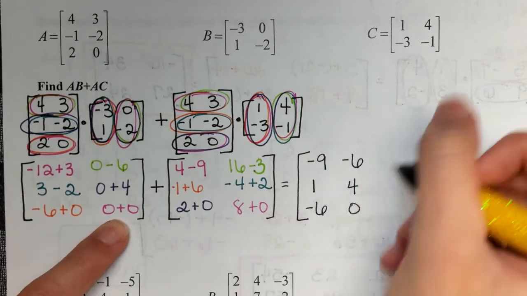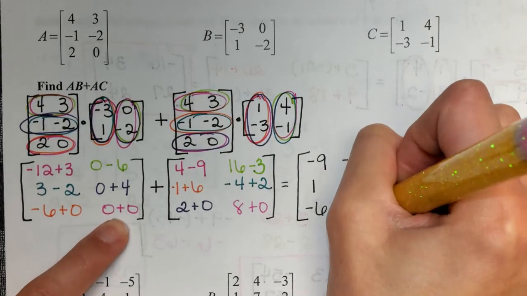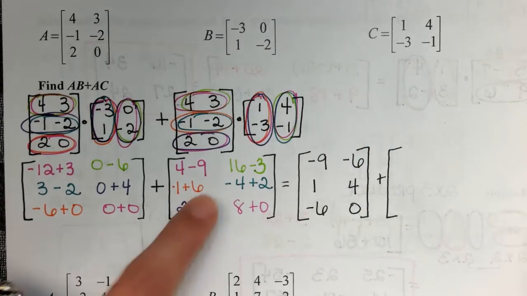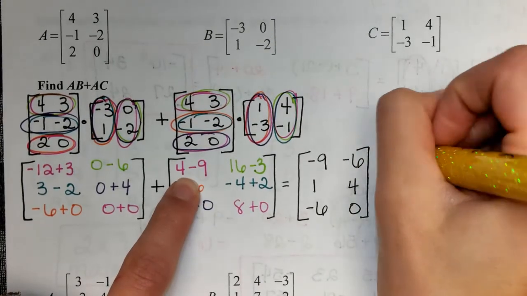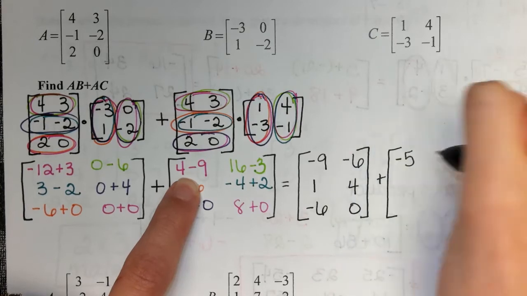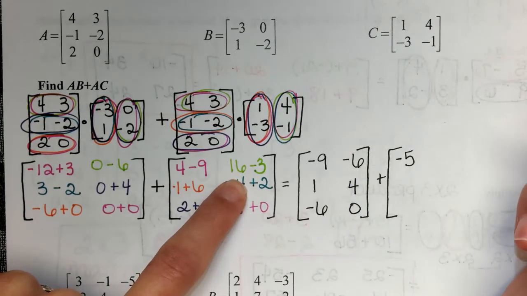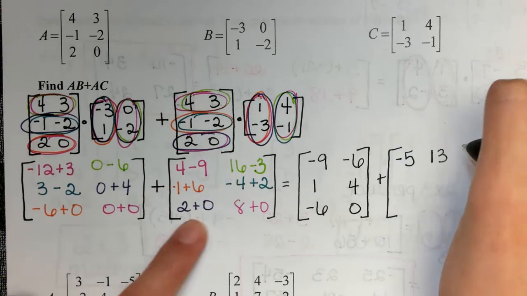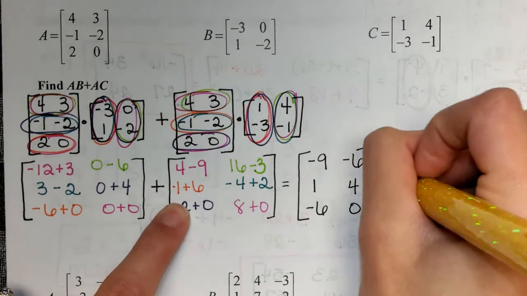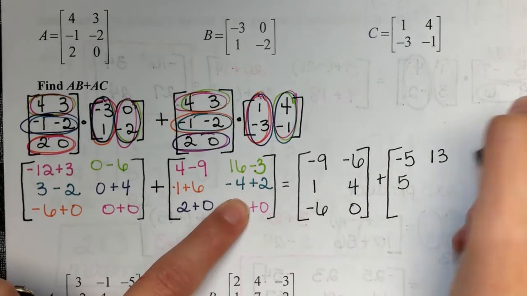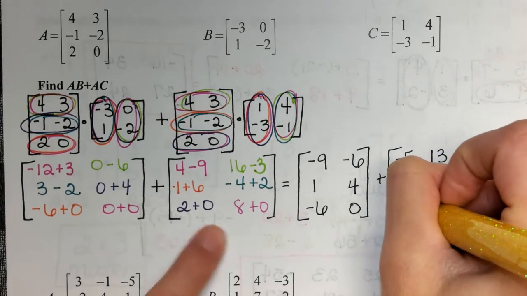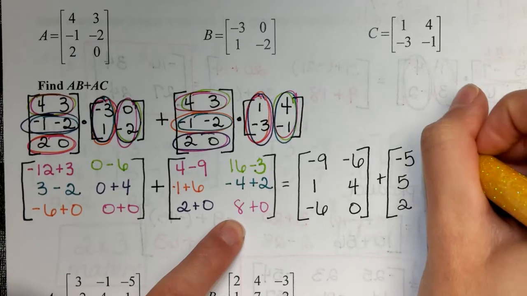Alright. 4 minus 9. There we go. Negative 1 plus 6. Negative 4 plus 2. 2 plus 0. 8 plus 0. Good job.